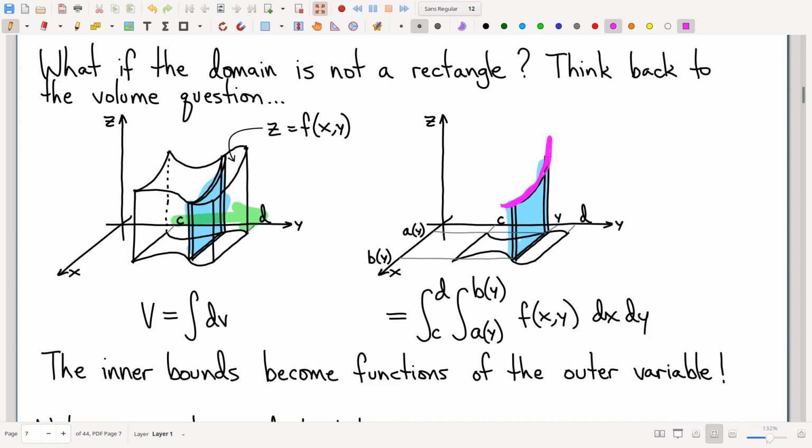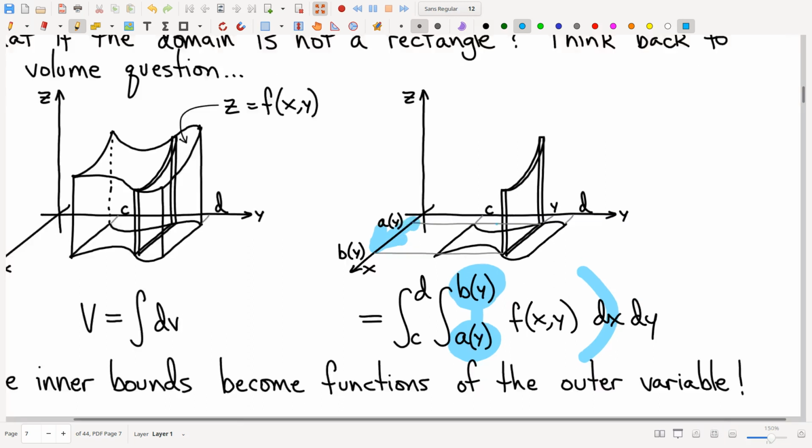It remains that we compute that cross-sectional area with an inside integral. All that's exactly the same. The only difference is that in this case, when we have a non-rectangular domain, the bounds showing the range of values of our inside variable, in this case x, will not be constants.